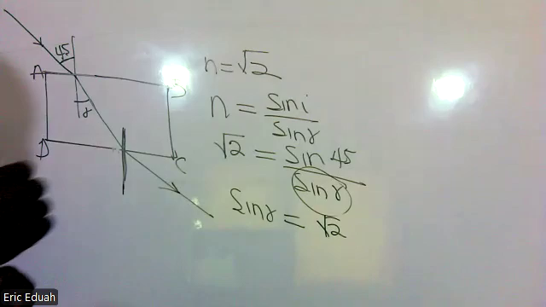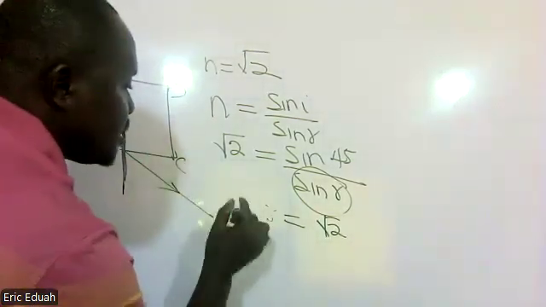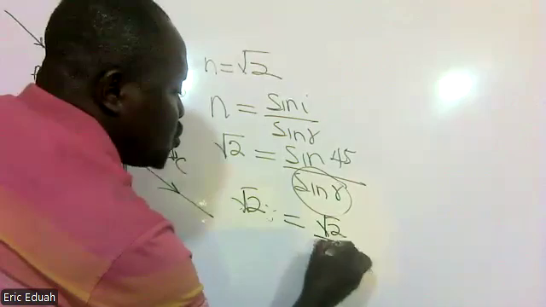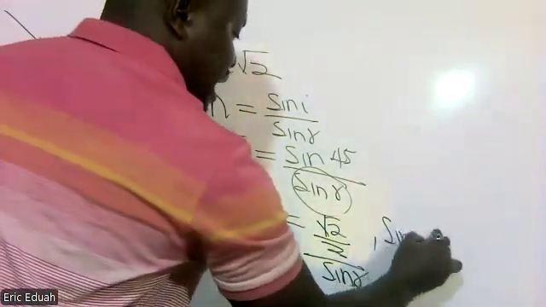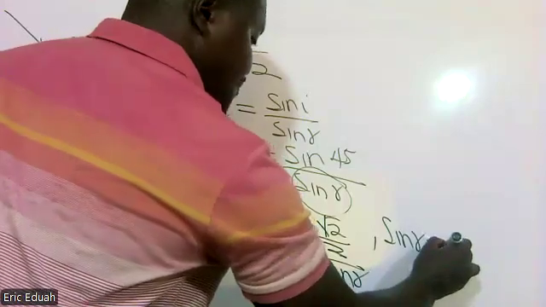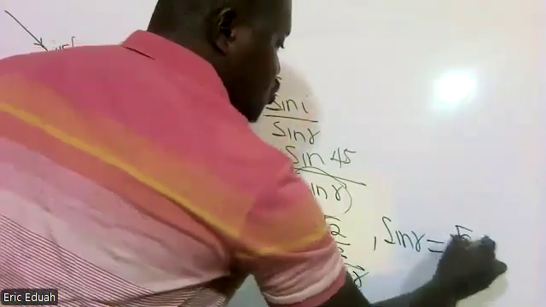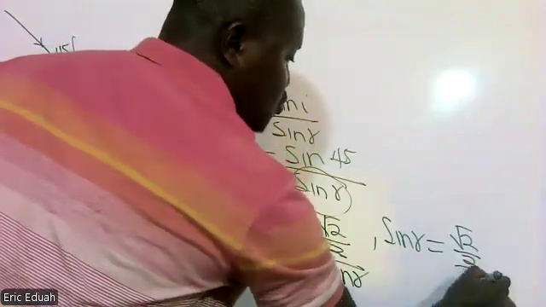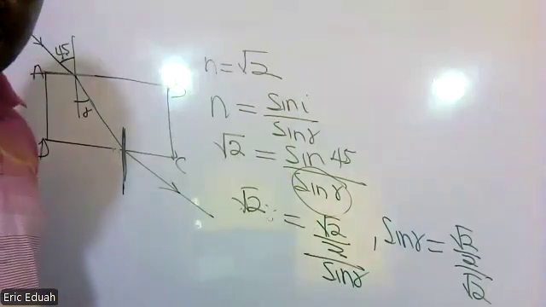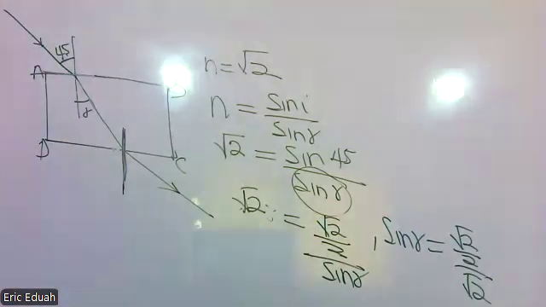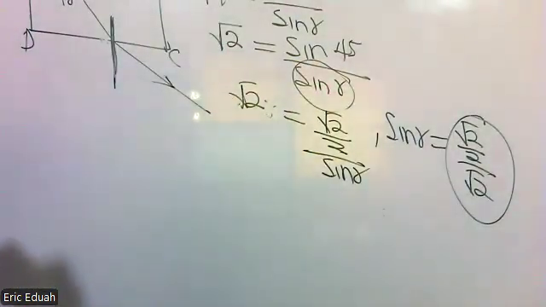So we have root 2 on 2 divided by root 2. Therefore, sine r is equal to root 2 on 2 divided by root 2. Help me find the value of the angle r by simplifying this.